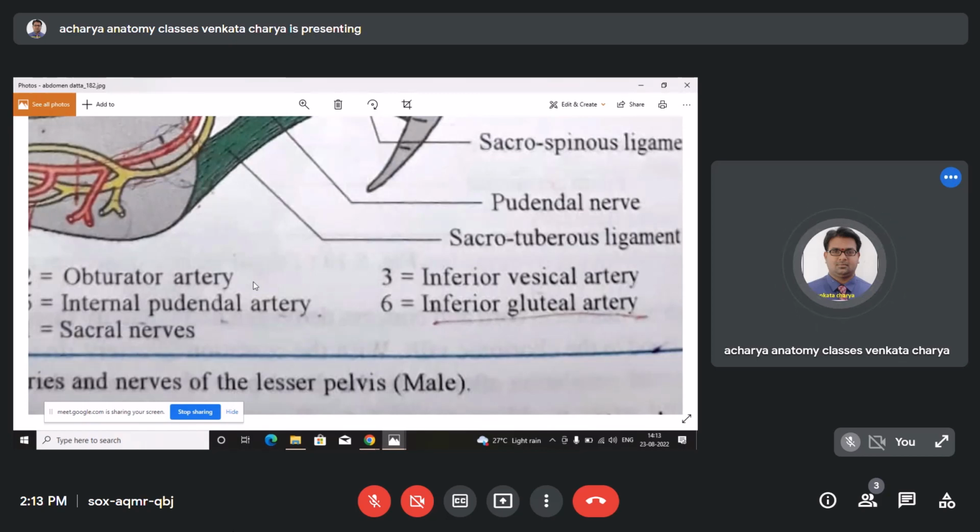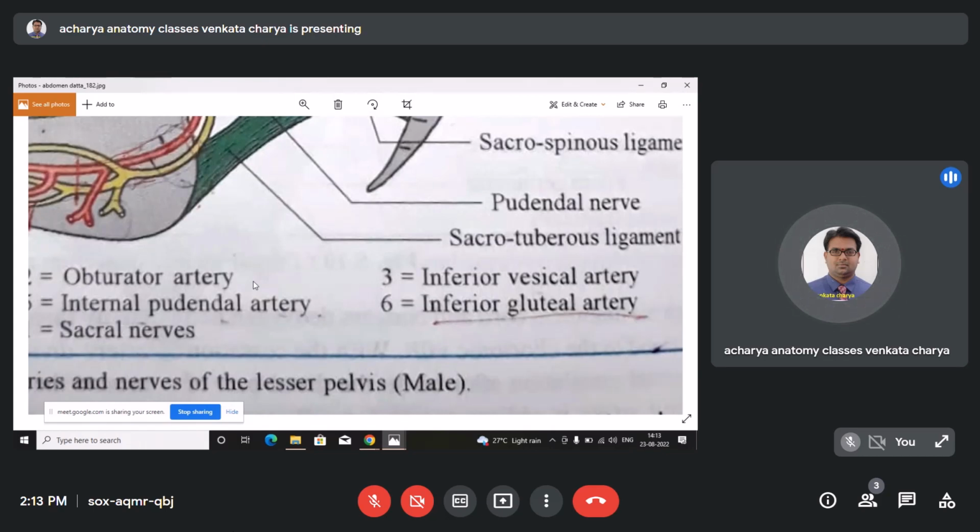The internal pudendal artery is a 4 marks question.